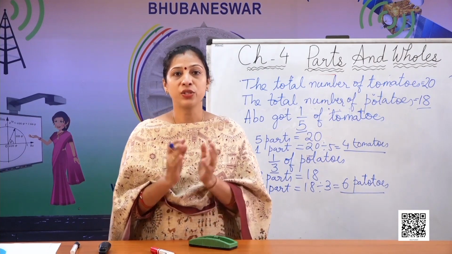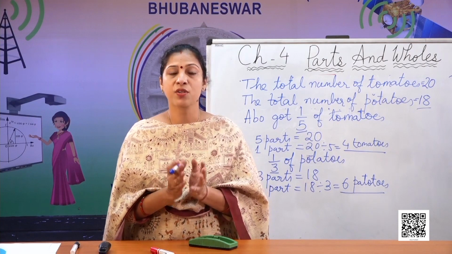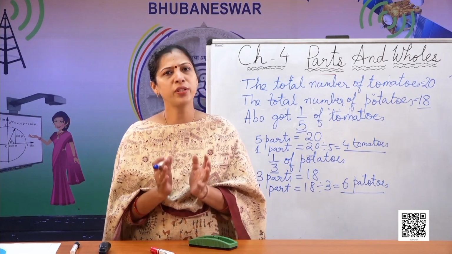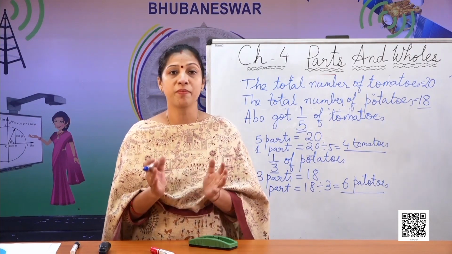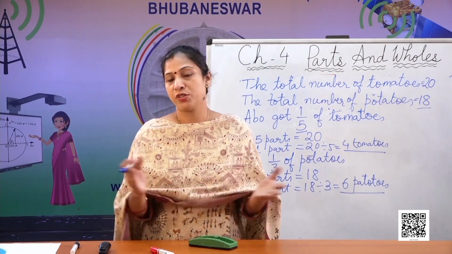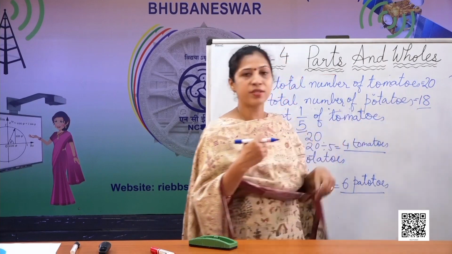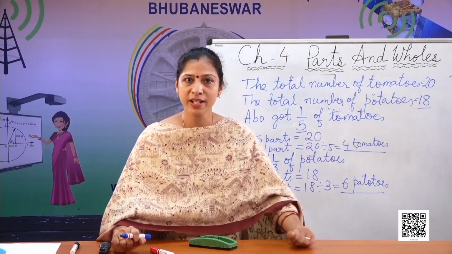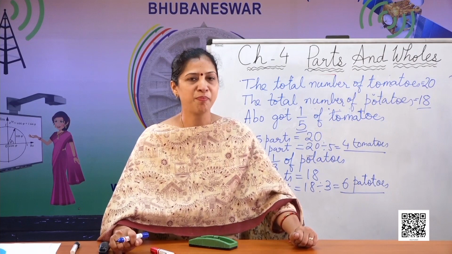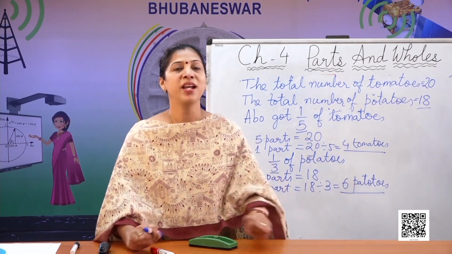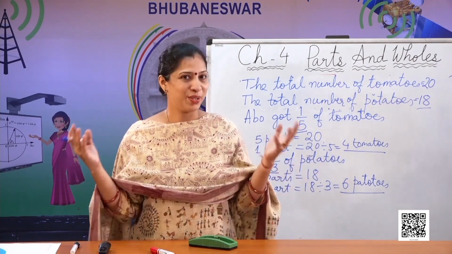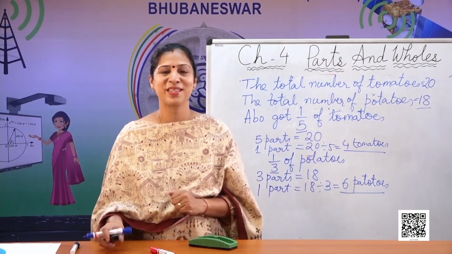We can find out the total number of potatoes got by Abu Bakr and Srija, and the total number of tomatoes got by Abu Bakr and Srija. Then subtract it from the total number of potatoes and tomatoes. You will find out how many Nancy has got. It's simple. You can do it on your own as you know how to find the parts and wholes.